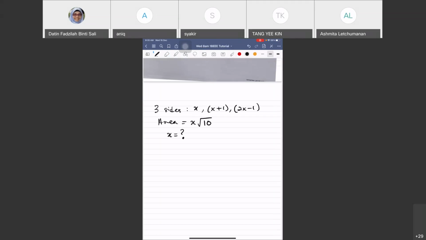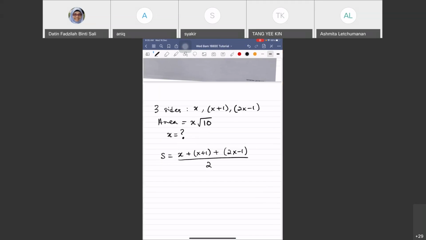Okay. All right. So again, because it's about the three sides and area, by using Heron's formula, you need to find out first what is the s. So s is actually the sum of the three sides: x plus 1 plus 2x minus 1 over 2.